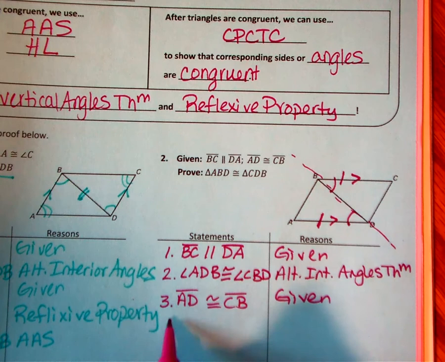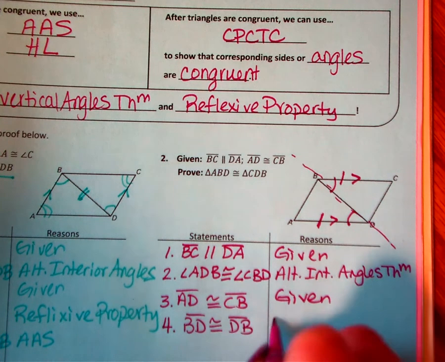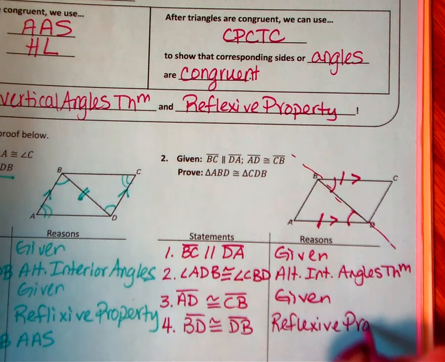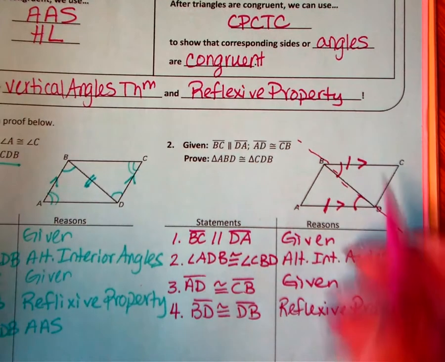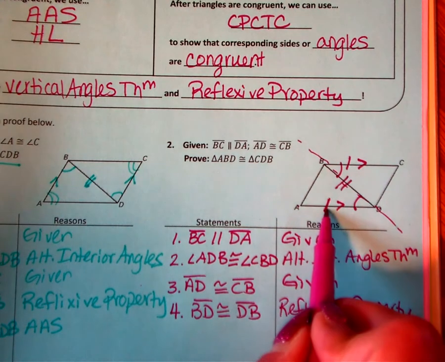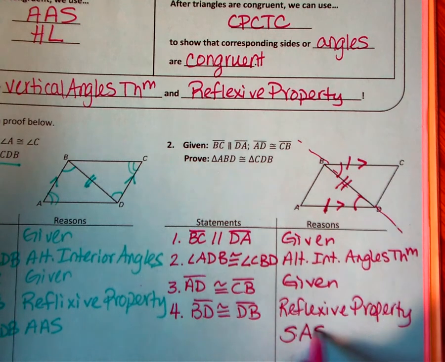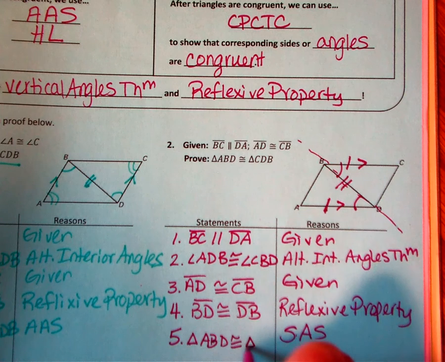Then we had our given. Next, I can say BD is congruent to DB by our reflexive property. So I have a side, angle, side. So based on side, angle, side, I can say triangle ABD is congruent to triangle CDB.